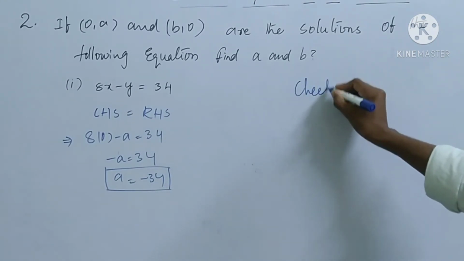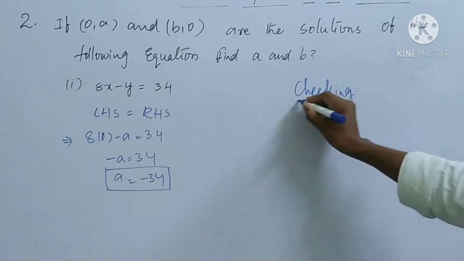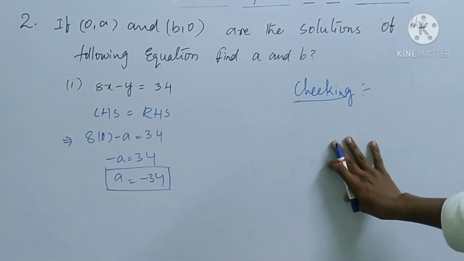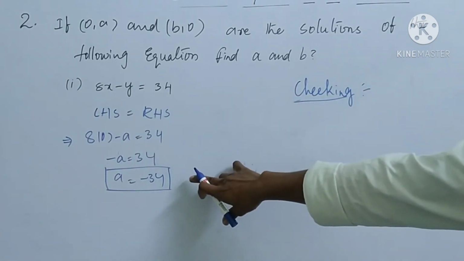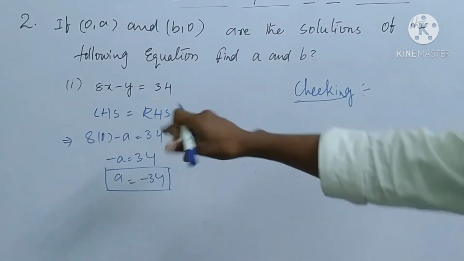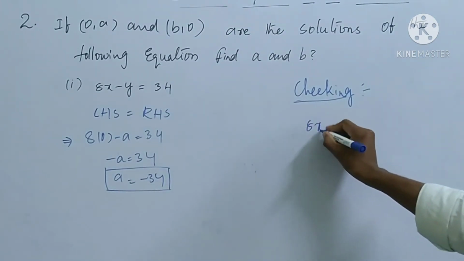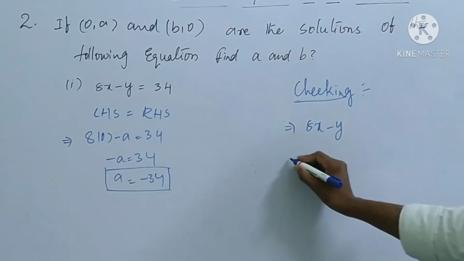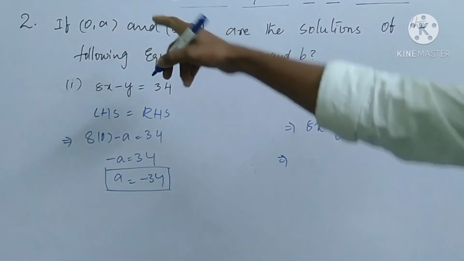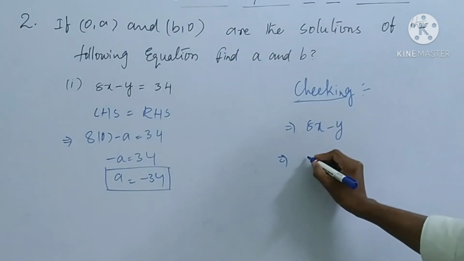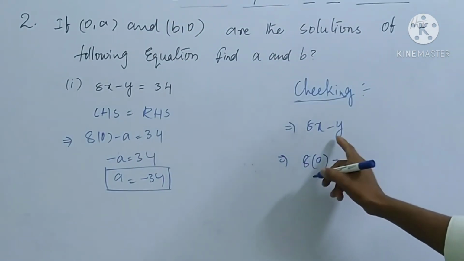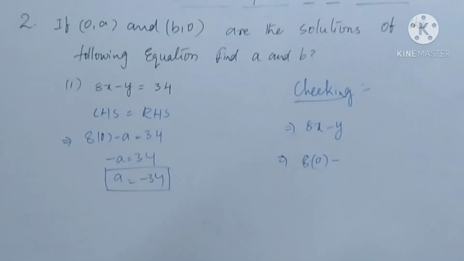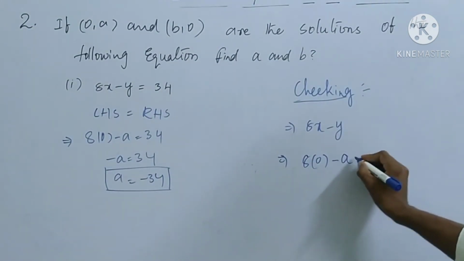Checking. So substitute a is equal to minus 34. Here the given equation is 8x minus y. This is the LHS side. Substitute the given solution: 8 into 0 minus y, which is a.